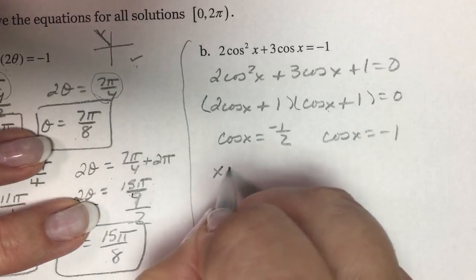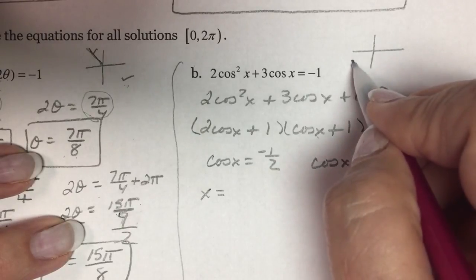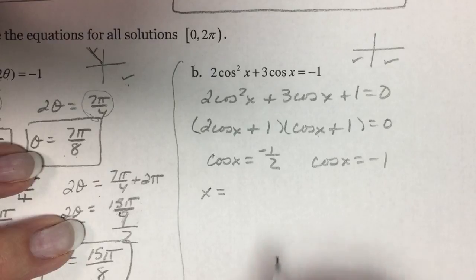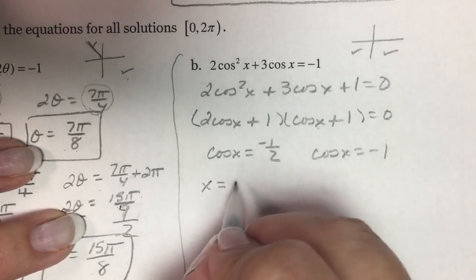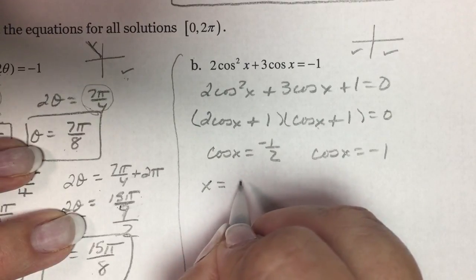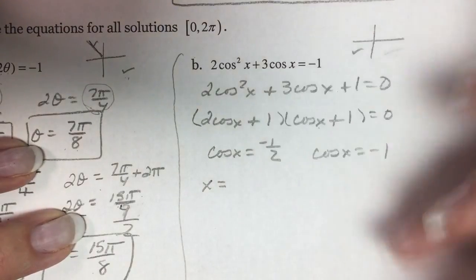All right, so let's come up with our angles. Now cosine is negative, don't forget, in the third and the fourth quadrant. So I'm looking for a third quadrant angle and a fourth quadrant angle. So what angle has a cosine of -1/2 in the fourth quadrant? That's going to be, oops, I lied. My apologies.